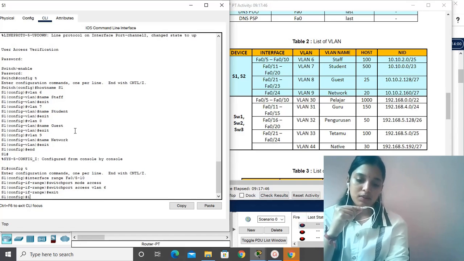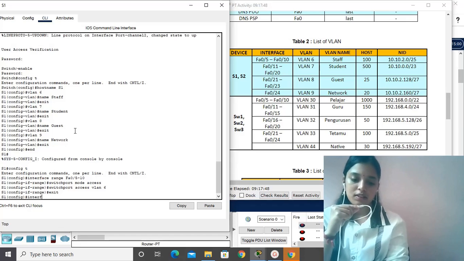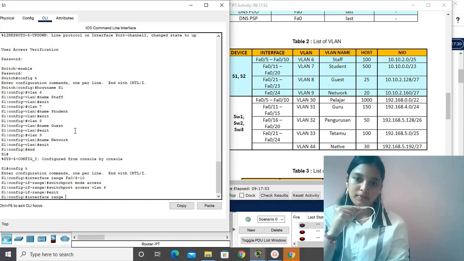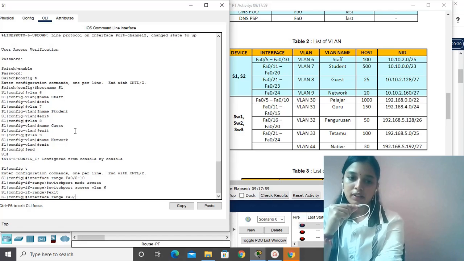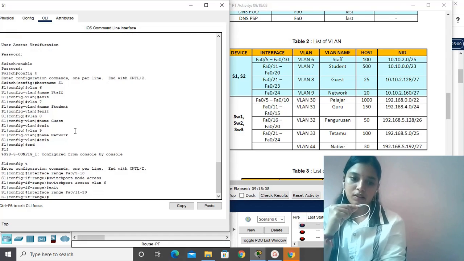And then the second one is interface range FA0/11 until 20. So enter.